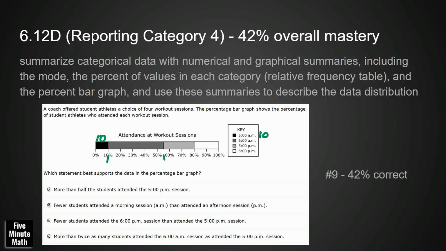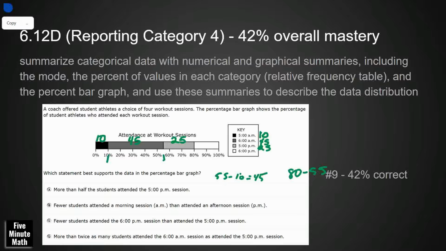So I need to subtract those two. 55 minus 10, it's 45. But if I look at where it ends at 55, that's the confusion. We have to know it's 45, even though it ends at 55. So now I've got a 55 to 80, so I need to subtract those. 80 minus 55, right? That's going to be 25.